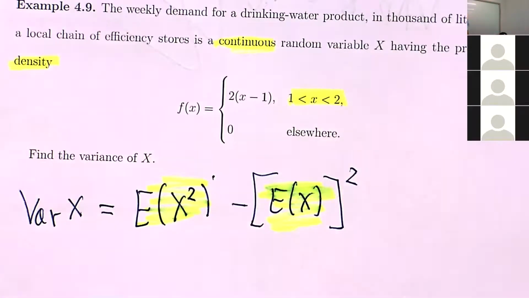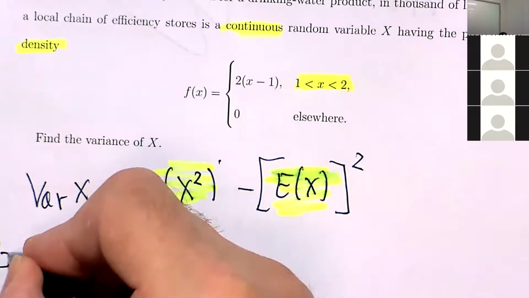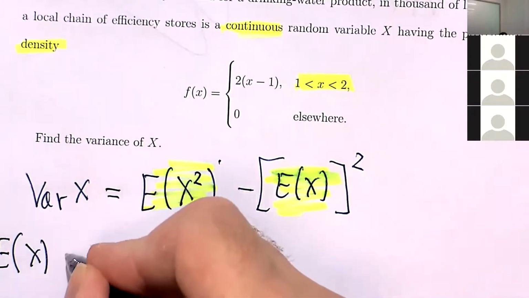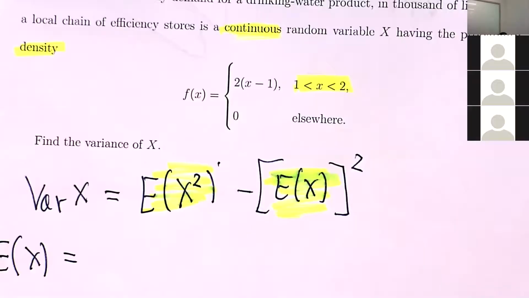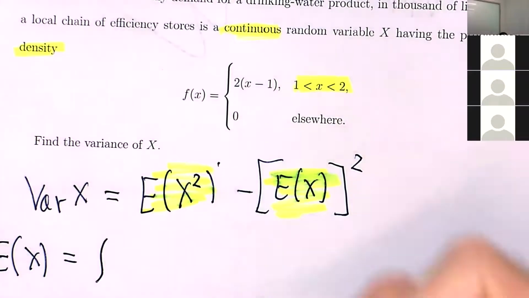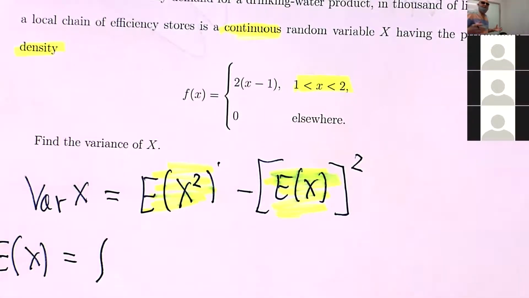So let's do the first bit here. Let's find the mean of this density. Expected value of x equals, and now by its definition, this is the continuous case, an integral that goes theoretically, unbounded in the general case, from minus infinity to plus infinity. However, here x goes from 1 up to 2.